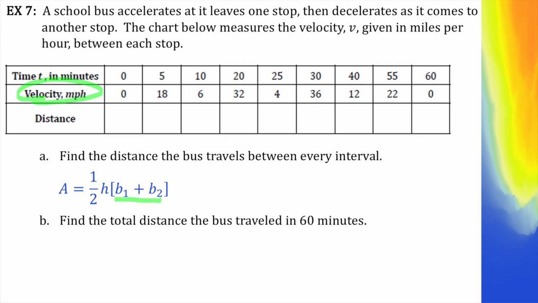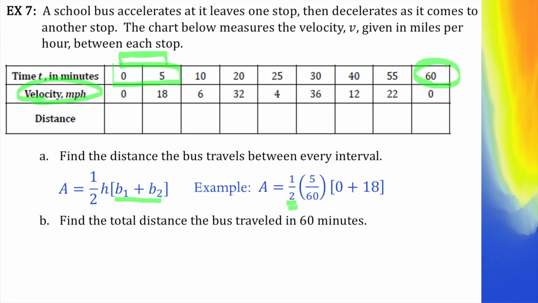For example, this first interval would be 1/2 times the height of the function. So we've gone 5 out of 60, so that's 5/60ths. And then the two bases are 0 and 18. So that would be about 0.75.